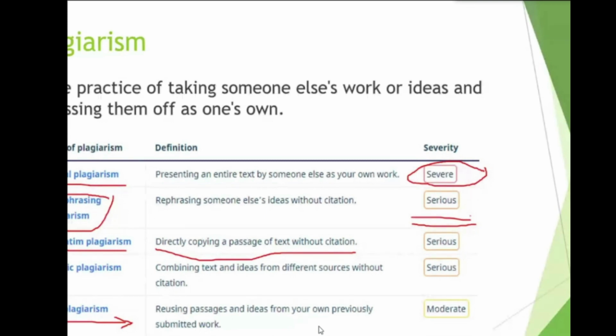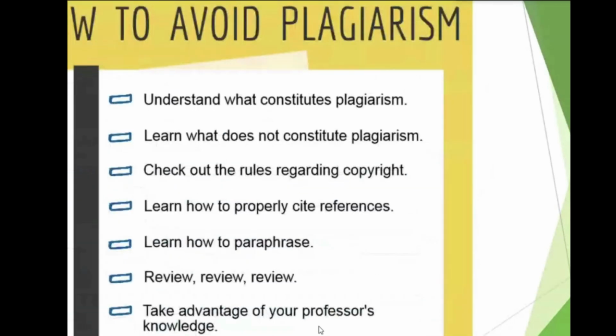So you can easily now understand the forms of plagiarism and how to avoid plagiarism. Understand what constitutes plagiarism, and learn what does not constitute plagiarism. That is the first thing you should know. So you go back and try to understand what we discussed.